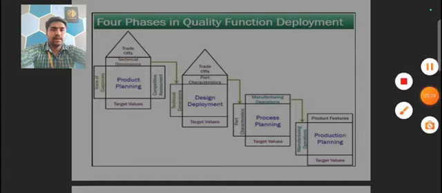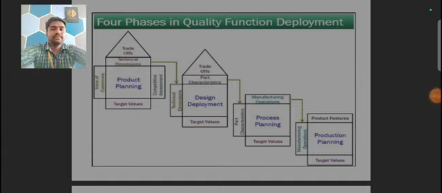The third one is process planning. In process planning, if the product design has been finalized and the product manufacturing has to be carried out, it has to be concluded in a frequent manner. The product planning and design deployment have to be carried out in a practical manner while executing the production planning and process planning.